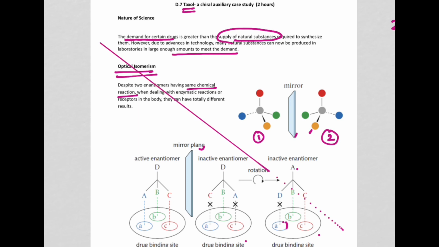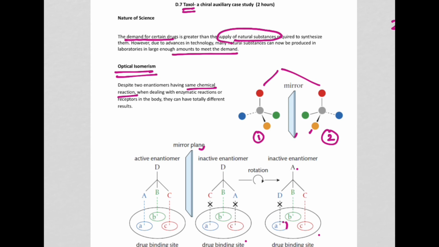These two are optical isomers. For example, if you look at plus limonene and minus limonene, your body smells them and tastes them differently. One tastes like lemon and the other one tastes like peppermint, but they look exactly the same except that they are mirror images of each other.